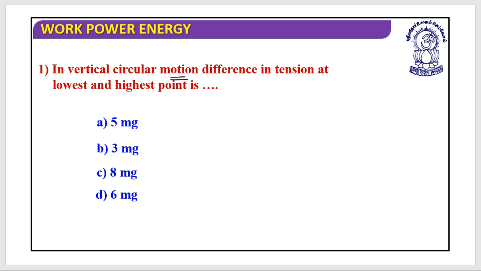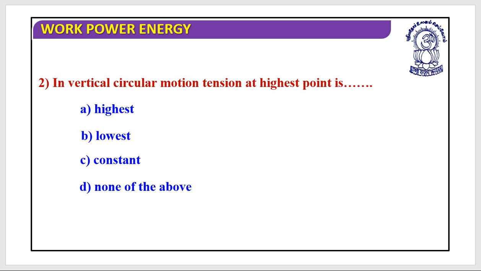It says that in vertical circular motion, the difference in tension at the lowest and highest position, yes, it is 6 mg. It is the case as always. Next, in vertical circular motion, tension at highest position is highest, and tension at lowest position would be the lowest.